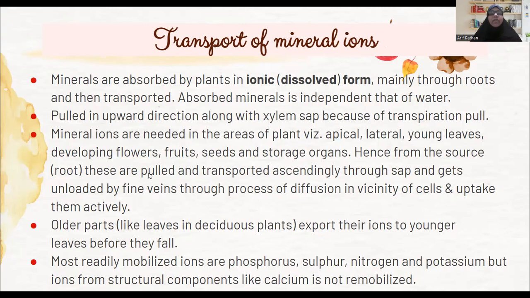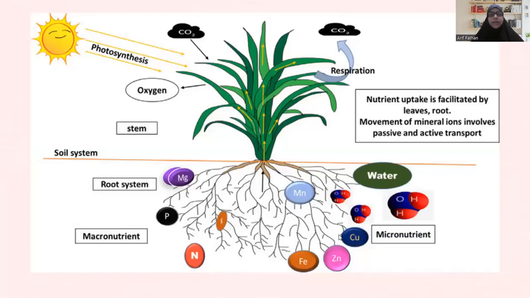And they will be mostly in the developing regions of the plant. There their requirement is more, and by the process of diffusion they will be taken by the cells wherever they are required for the metabolic activities. Older parts will donate these mineral ions to the younger parts before they die or before they fall off.